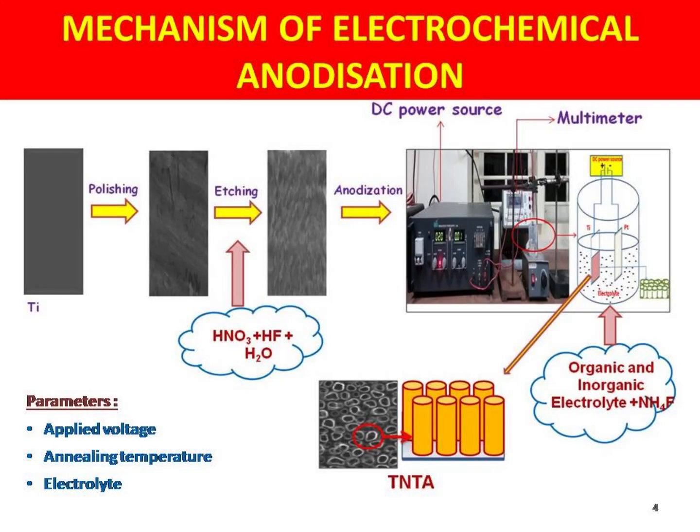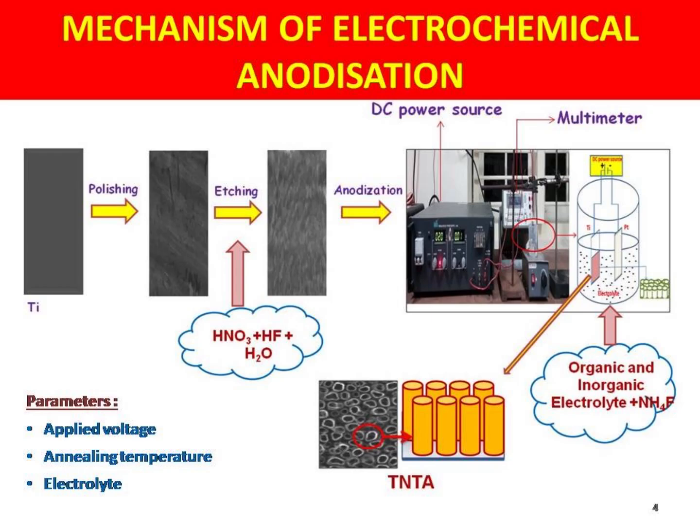So the mechanism of electrochemical anodization: initially the sample, for example titanium, is polished and then etched in Kroll's solution, which consists of nitric acid and HF in a particular composition. Then anodization is done using a DC power source.